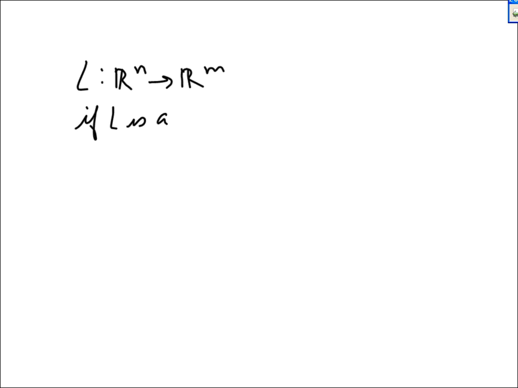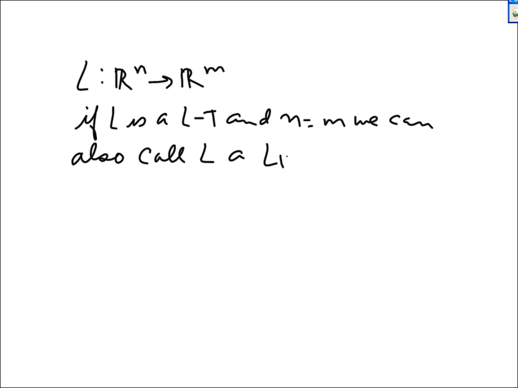If L is a linear transformation and n and m are the same number, then we can call L a linear operator. Just a definition.